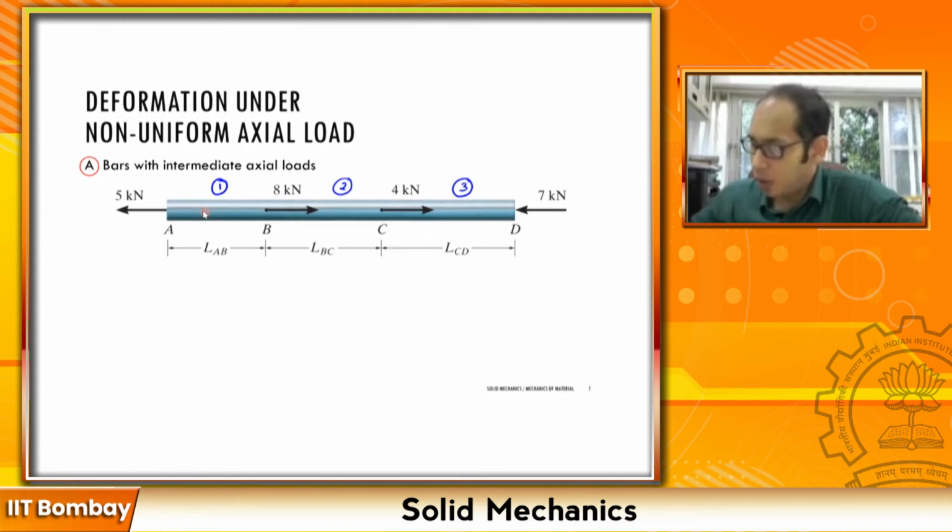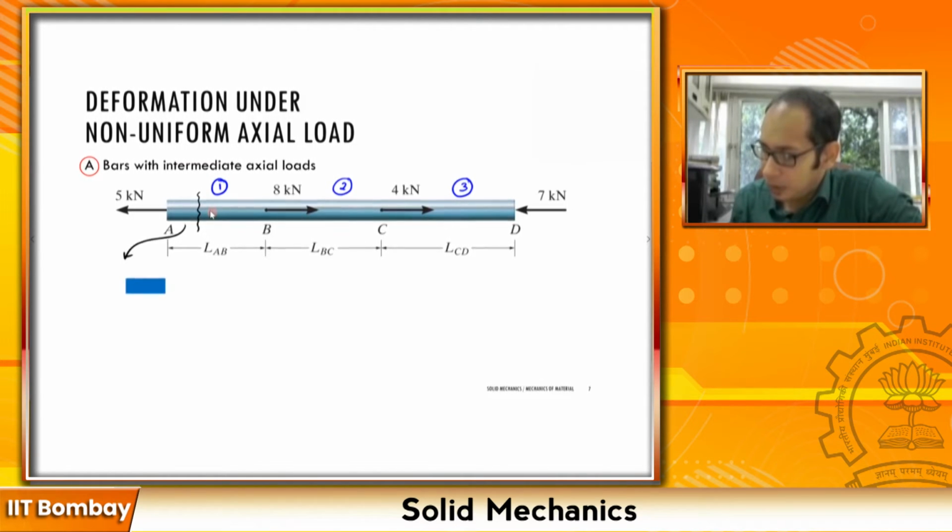Now in section 1, if I draw the free body diagram of any individual part, I have again taken a small chunk of that one. So if I draw the free body diagram of this part over here, what I will essentially get is that I have a 5 kilonewton here.